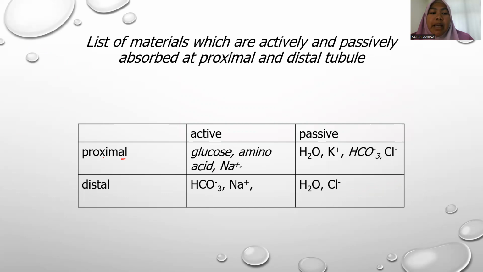To sum up, this table shows the active and passive reabsorption at the proximal and distal tubule. At the proximal tubule, we have active reabsorption of nutrients like glucose, amino acids, and also salt, and passive reabsorption of chloride ion, bicarbonate ion, potassium ion, and water by osmosis. For the distal tubule, we have active reabsorption of bicarbonate ion and sodium ion, and passive reabsorption of chloride ion and water.